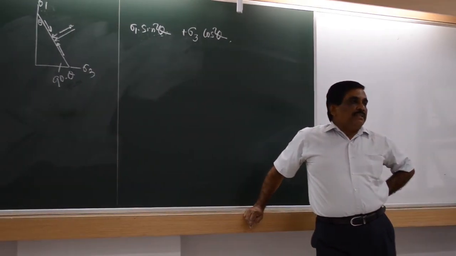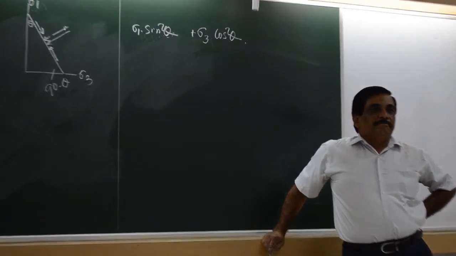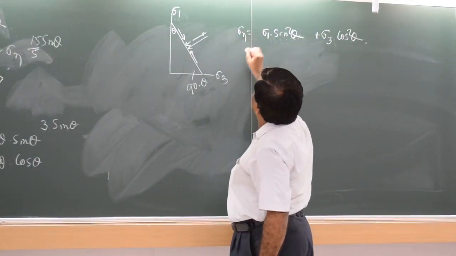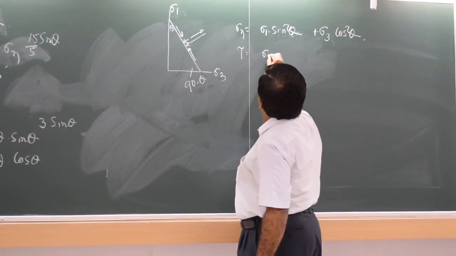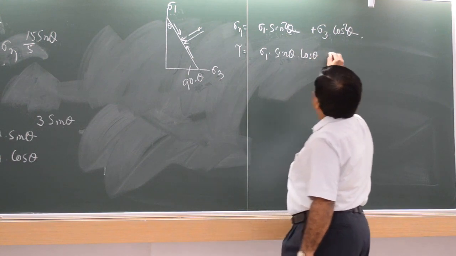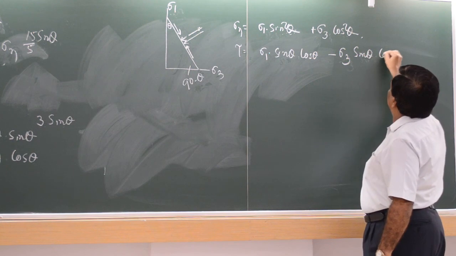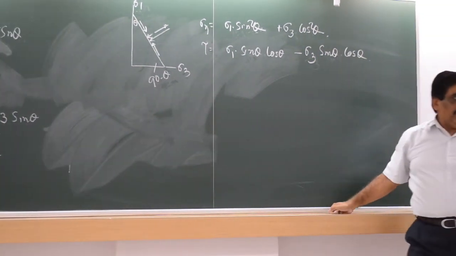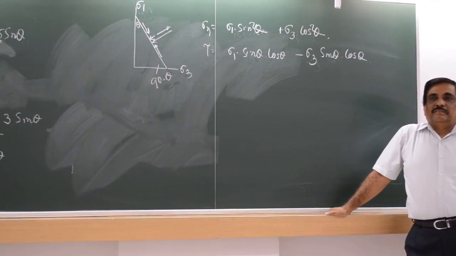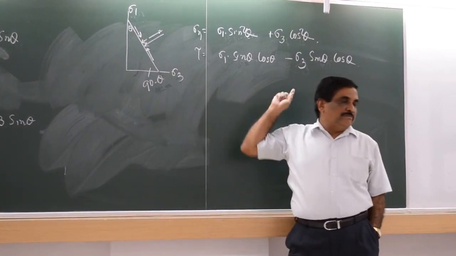Same direction they are working. This is the normal stress. And shear stress is sigma 1 sin theta into cos theta minus sigma 3 sin theta into cos theta. That will be shown in this formula. Minus because they are working opposite to each other.